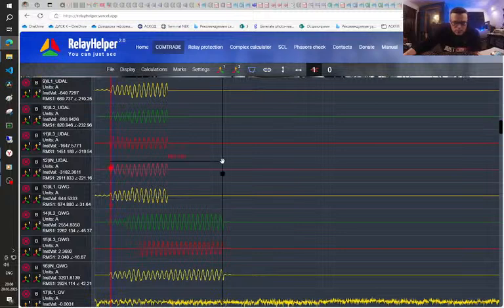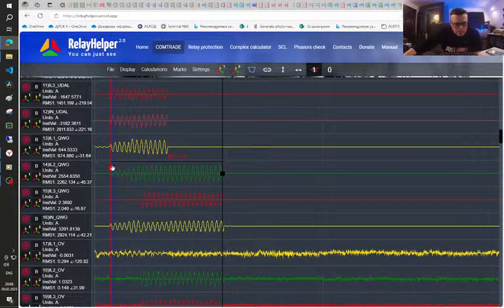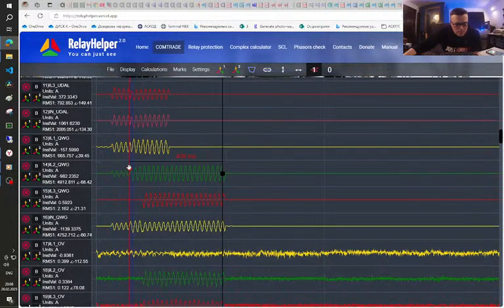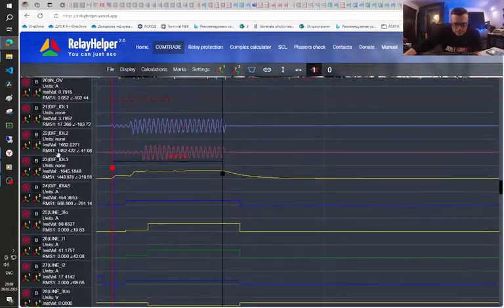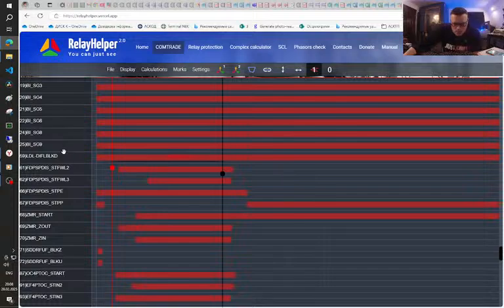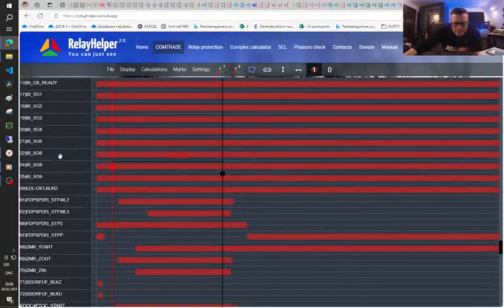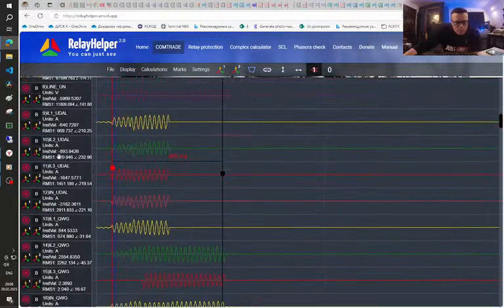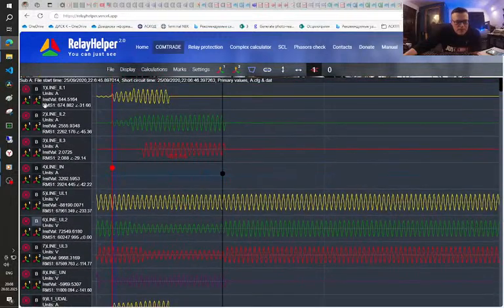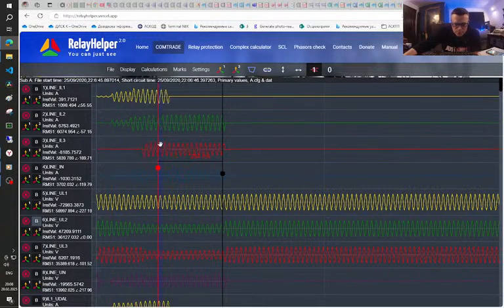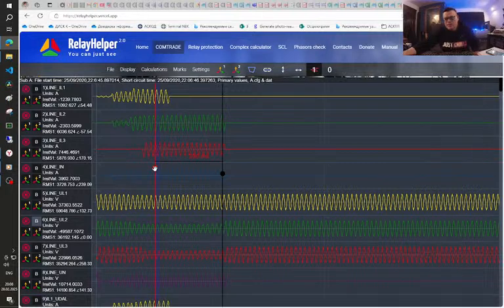It's almost half of a second. The main thing I want to check at this point is this is substation A. We can see that at this point there is almost a three-phase short circuit.